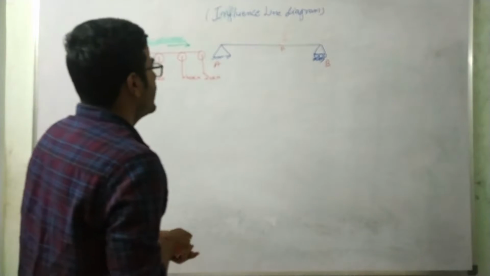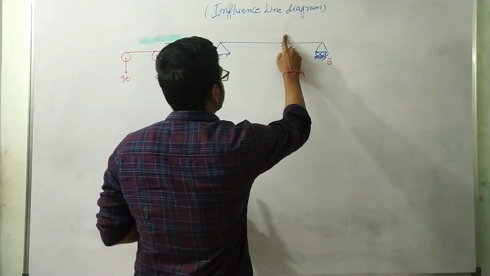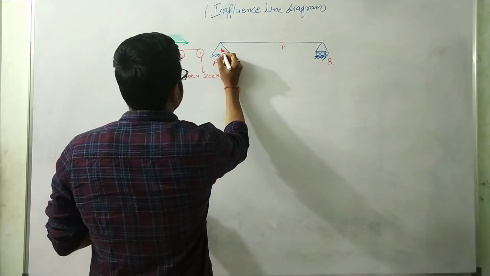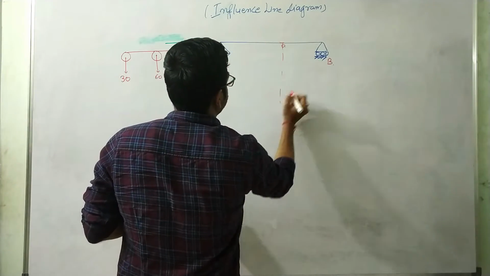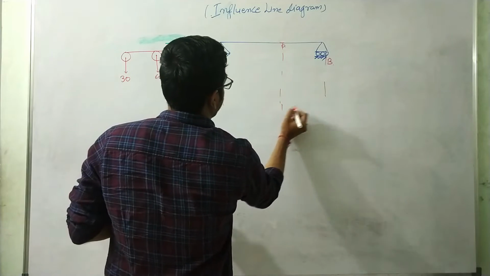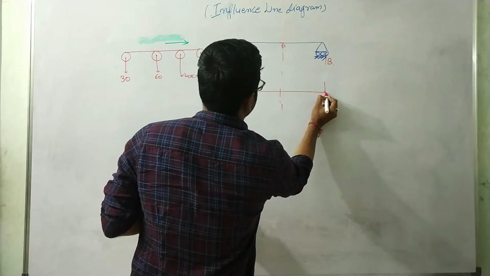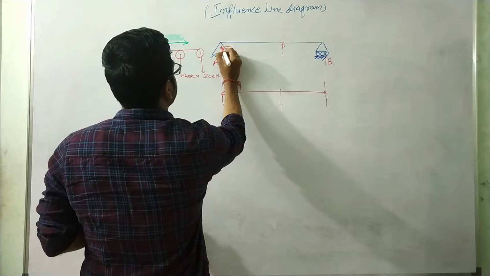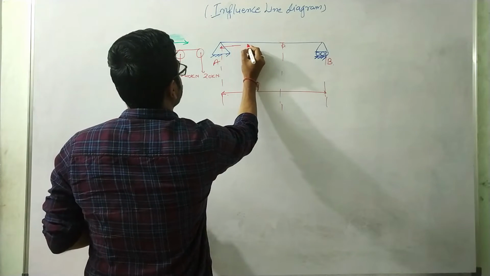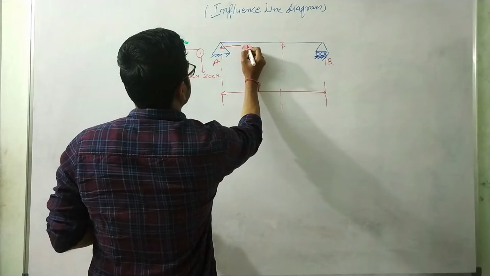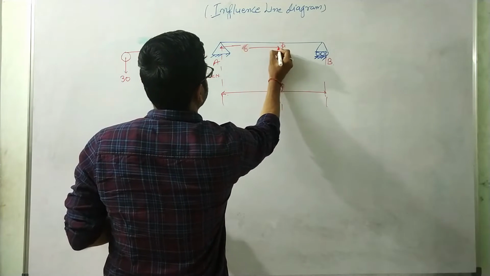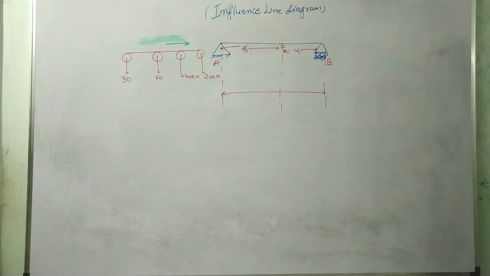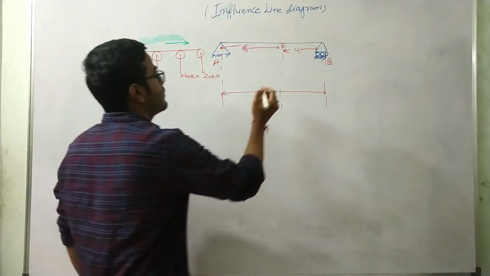Now we need to find the maximum moment at point P. First of all, let us draw the influence line diagram when the unit load traverses this beam. The dimensions of the beam are 6 meter and 4 meter.